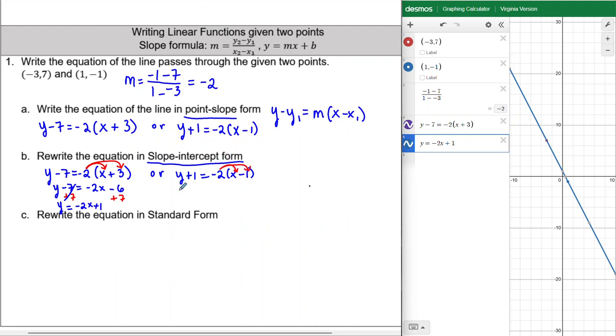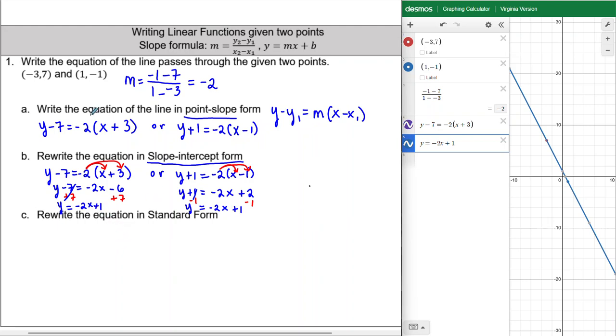So you have here y plus 1 equals -2x, and this is -2 times -1, that's +2. Then subtract 1, and you have y equals -2x, 2 minus 1 is 1. See how you get the same exact equation.